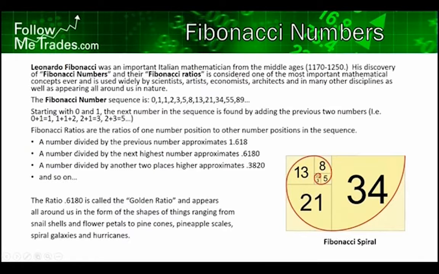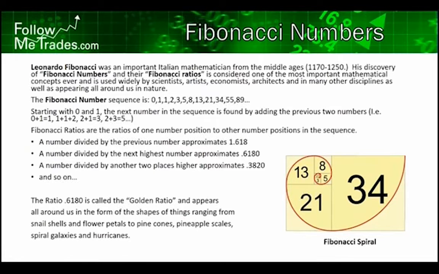For example, a number divided by the previous number approximates 1.618, and divided by the next highest number is 0.618, and so on. Okay, that number, 0.618, is called the golden ratio, and it appears everywhere around us in nature: in the shape of snail shells, spiral galaxies, and the way flowers like a sunflower are arranged.